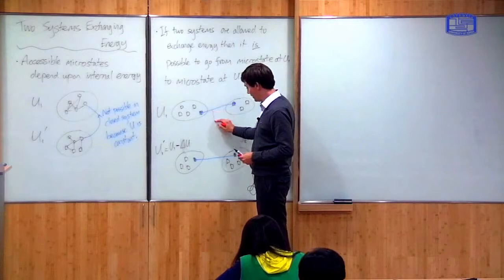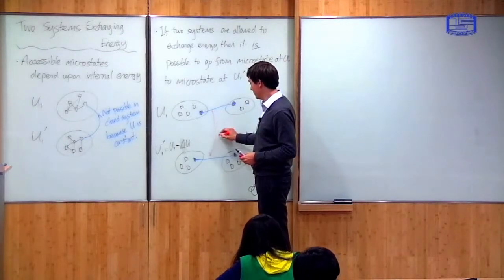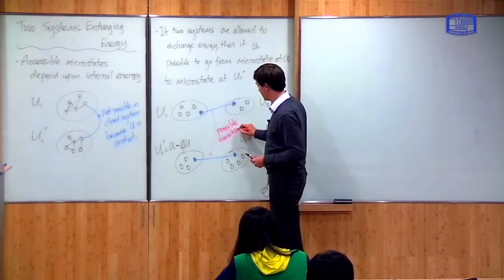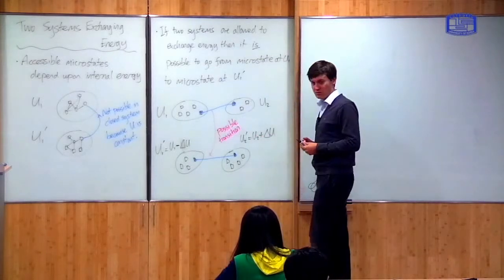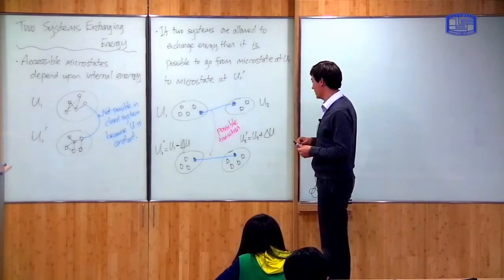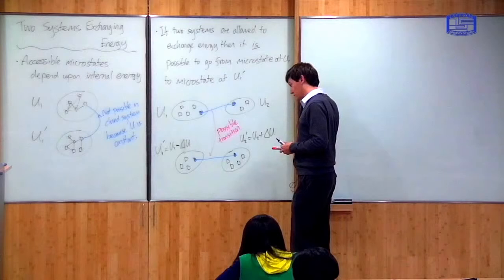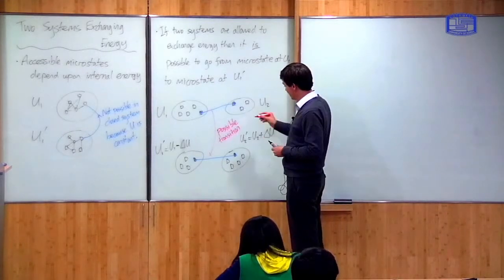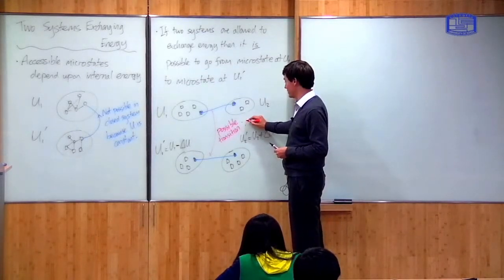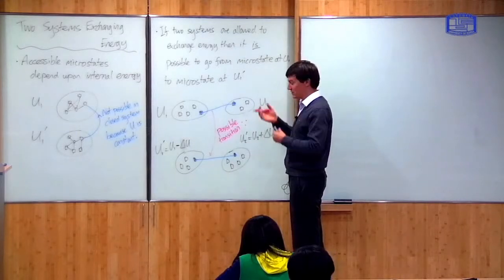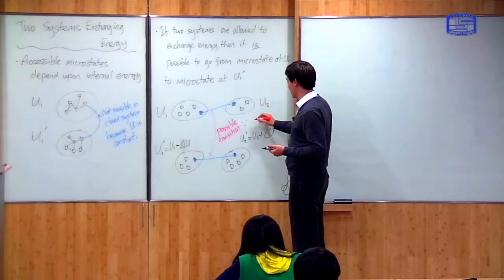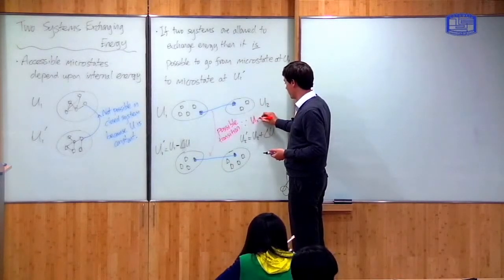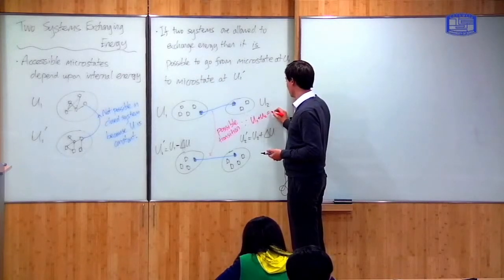So now going from here to here is a possible transition, because I would join the two systems together. Okay? And it's a possible transition because the total energy is a constant, right? They are allowed to exchange energy, so the only thing which has to be a constant is the total energy. So U1 plus U2 is a constant.